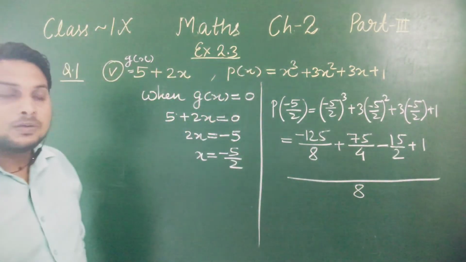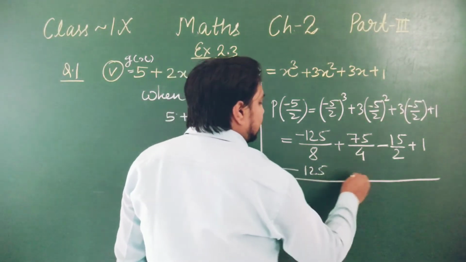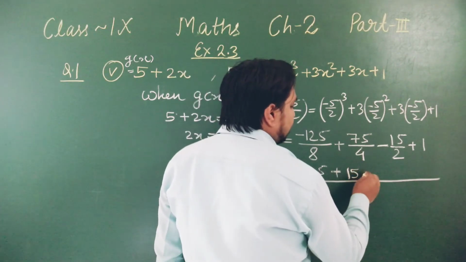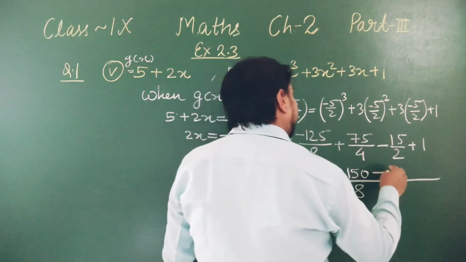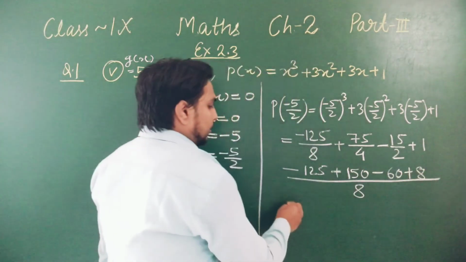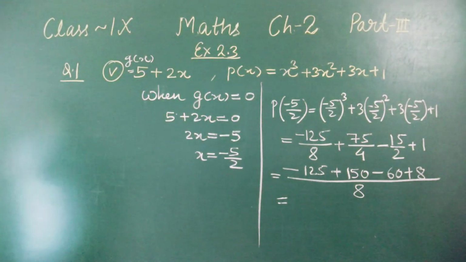8. So it will be minus 125 plus, 4 2s are 8, so 75 into 2, that is 150. 2 4s are 8. 15 4s are 60. And 1 8s are 8. So after simplifying, what will you get?